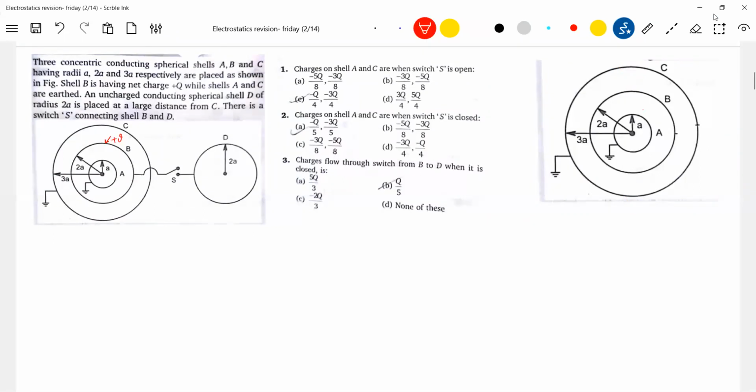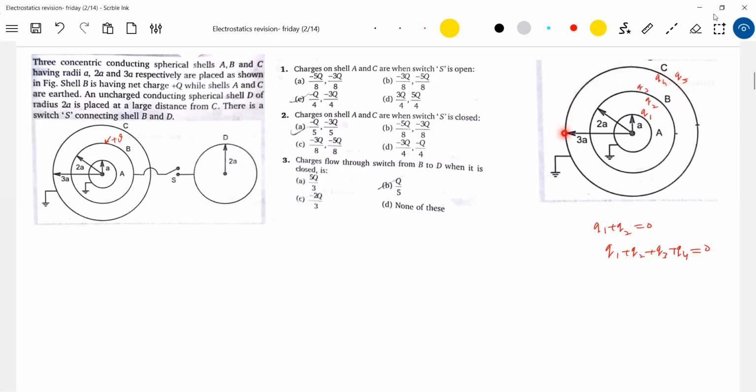So I think if you can recollect, we used to proceed like this, no? Q1, Q2, Q3, Q4, Q5. Then applying Gauss law, Q1 plus Q2 equal to 0, drawing the Gaussian surface in the material of shell B. The net field inside the conductor due to static charge must be 0, so the net flux should be 0.